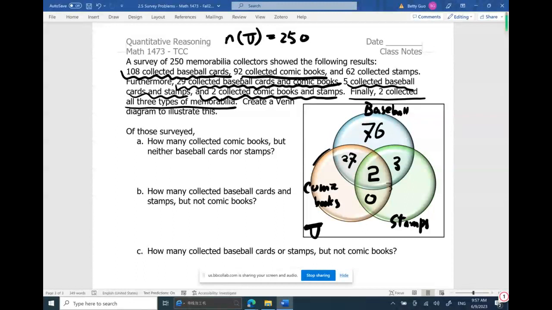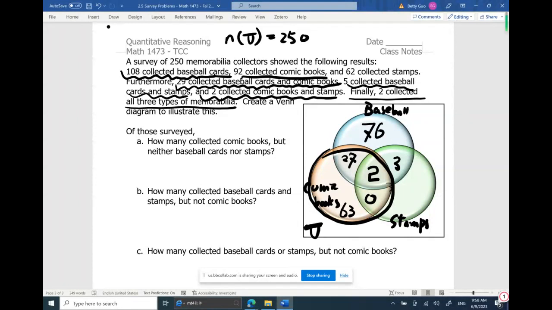And 92 collected comic books. So that means we should have 92 elements in this circle. We already have 29. Then how many do we have here? 29, so 63.